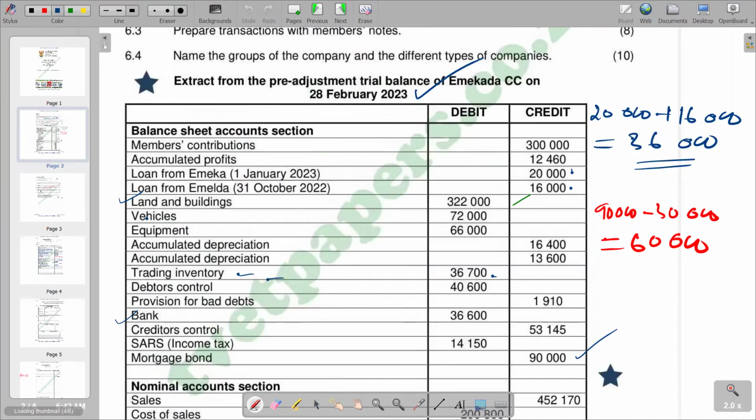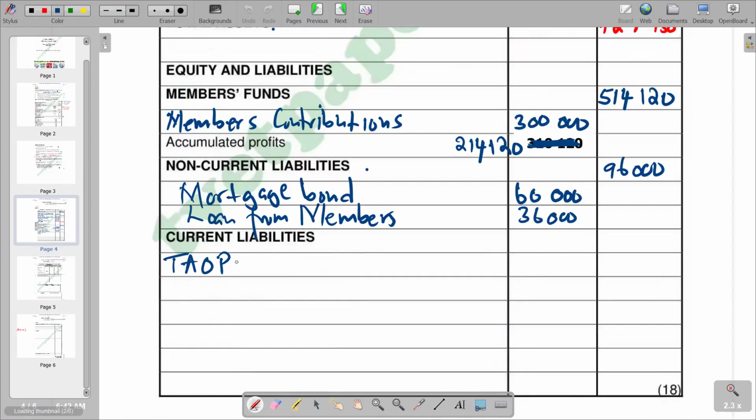So we come here, the creditors control figure, we have it here with a figure of 53,145. So that's the figure that you are going to first put here, 53,145.